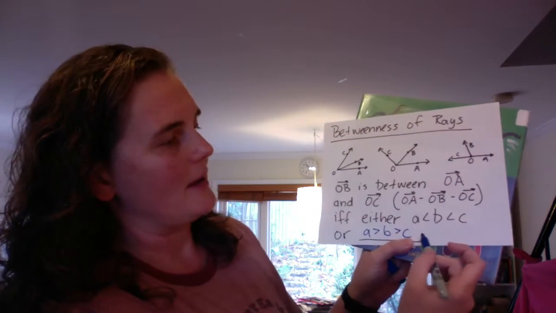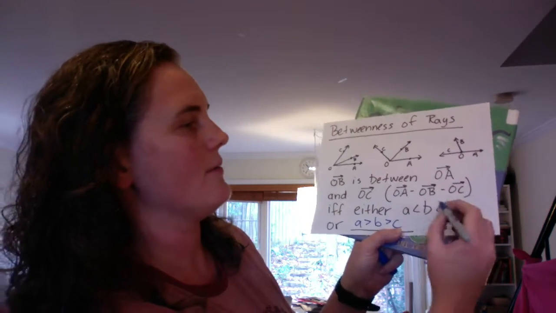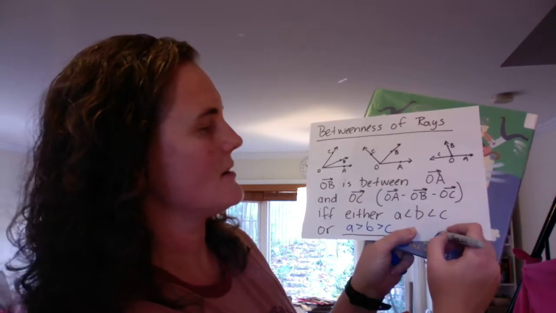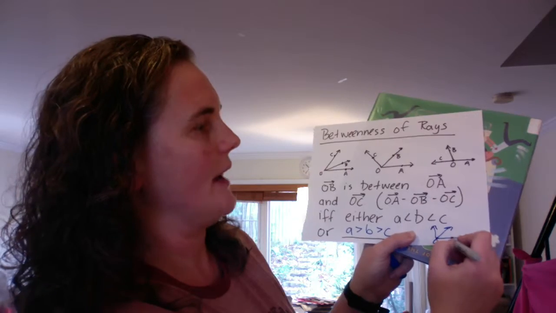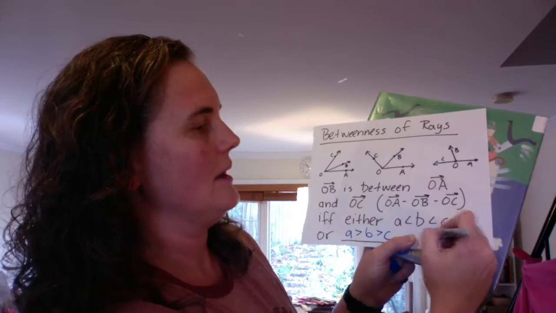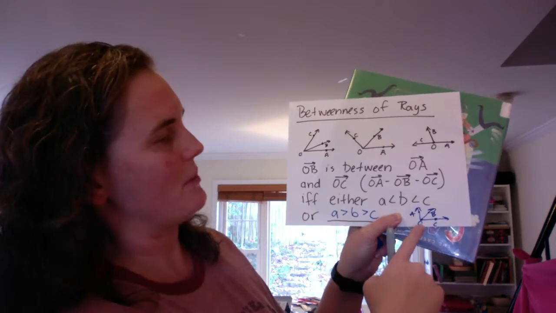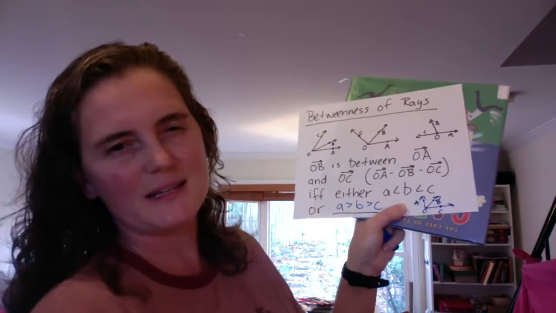Another image would look like this, with O still as the vertex. In this case, you might have C over here, and A up here, and B is in the middle. So that would be the case where A is greater than B, which is greater than C. That just means it's the coordinate that you assign to it.